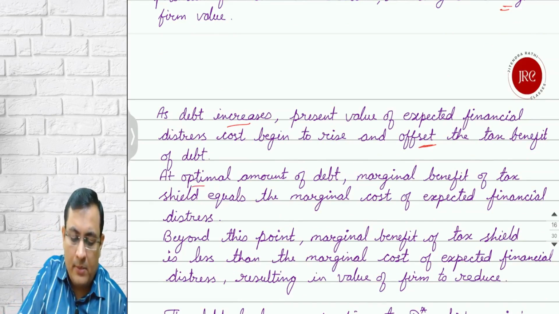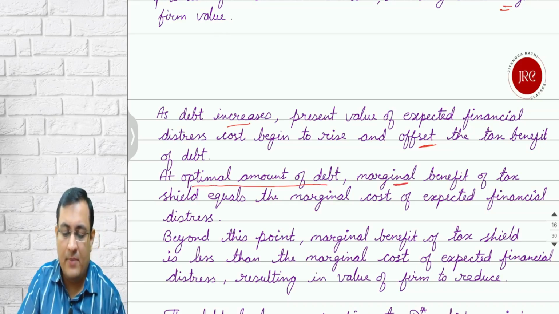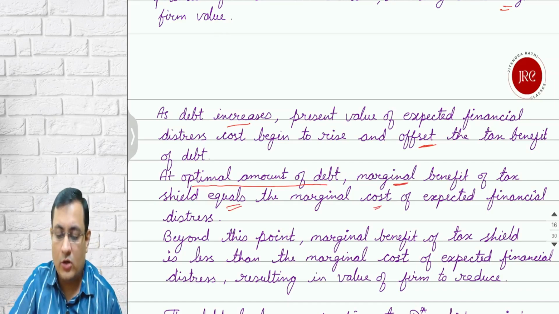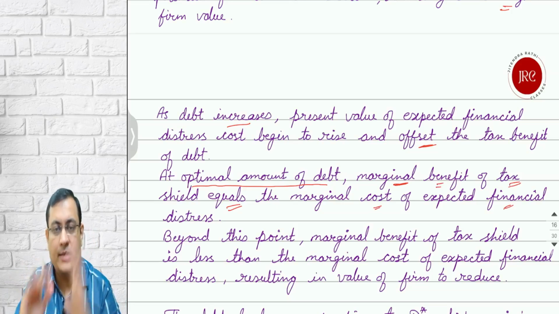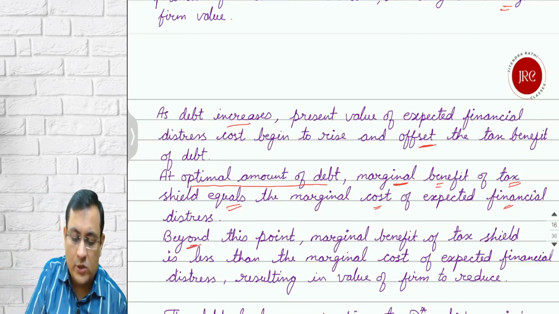At the optimum level, the third stage, your marginal benefit of tax shield is exactly equal to your marginal cost of financial distress. At this level, they are exactly equal. Beyond this point, the marginal benefit of tax shield is less than the marginal cost of financial distress.